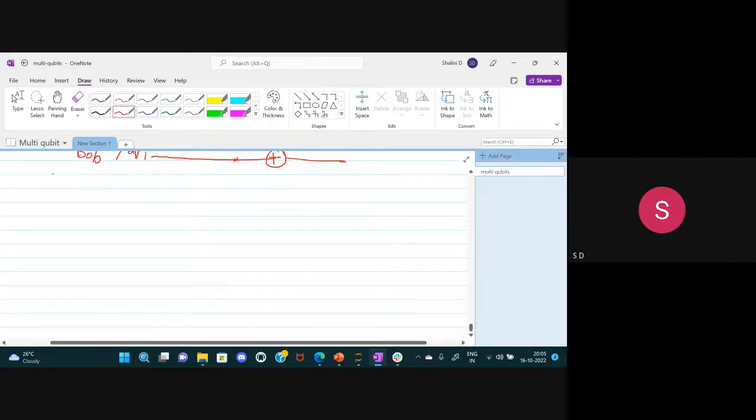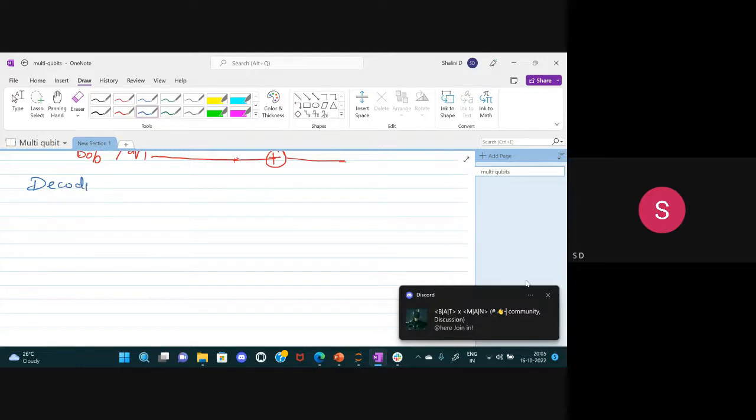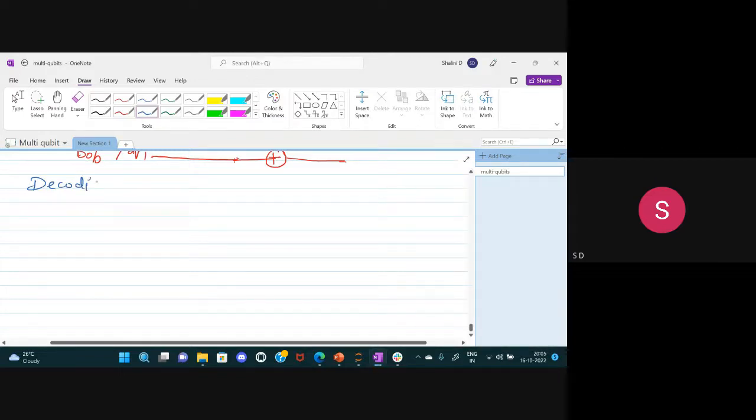Now it is decoding the information. So what is decoding the information? Decoding means, for encoding, before that I will explain another thing.